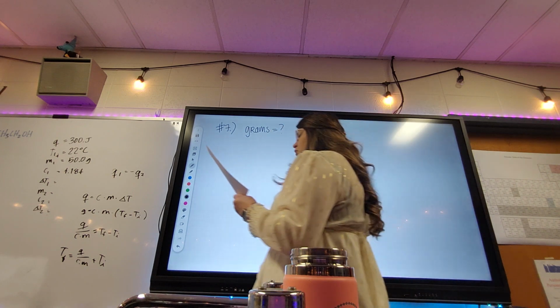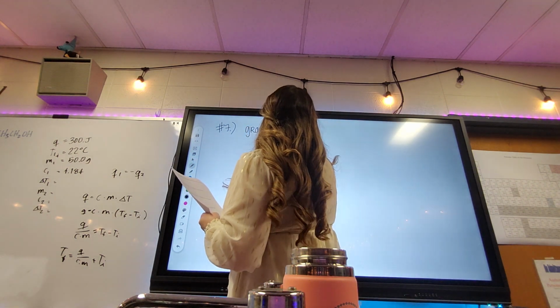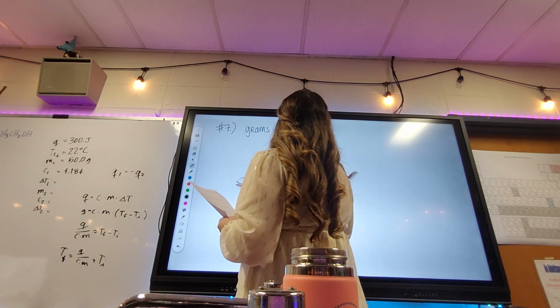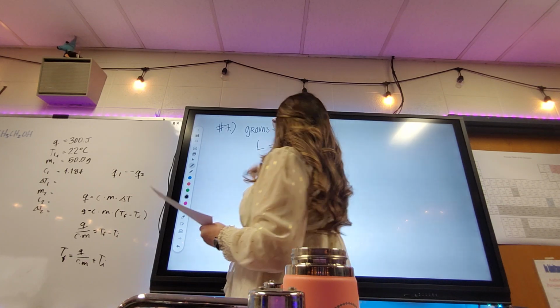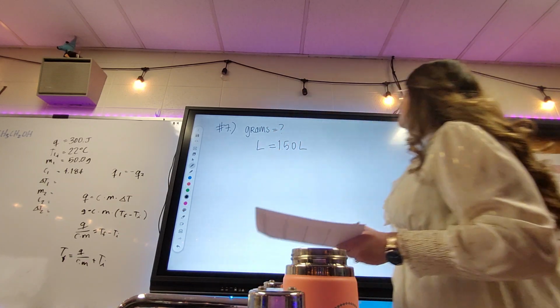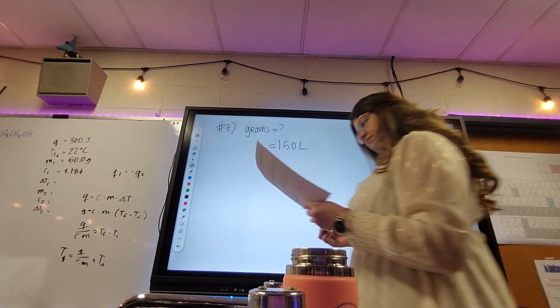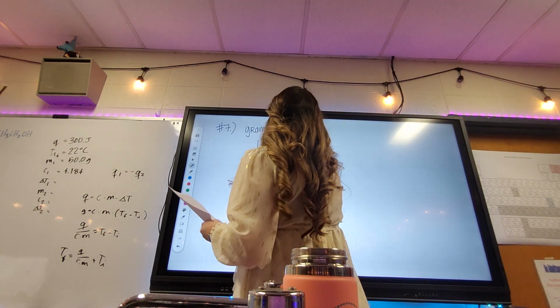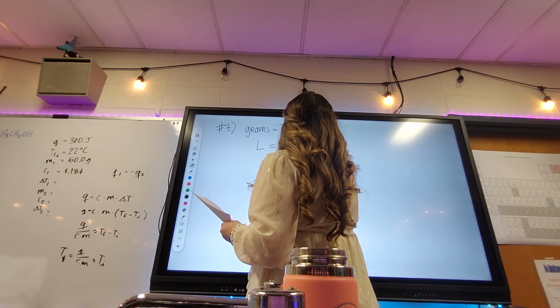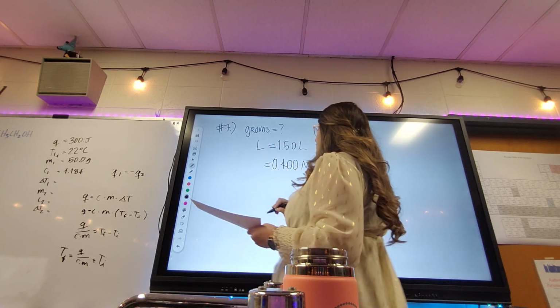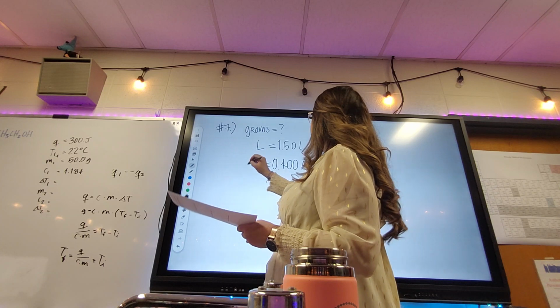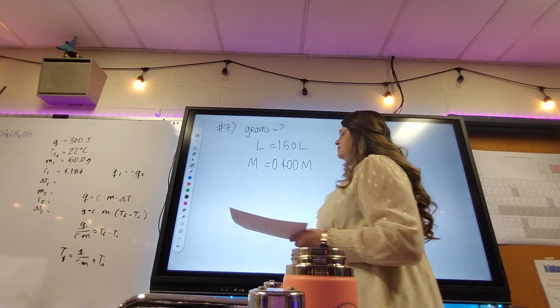And then I've got 1.50 liters, so that means that's my L, right? Do I need to do any converting here? Nope, not yet. And then it tells me that I've got a 0.400 molar solution, so that's my big M.